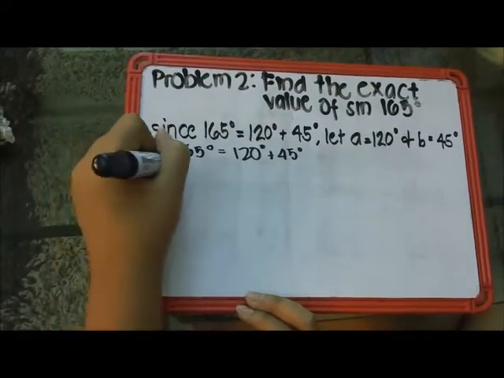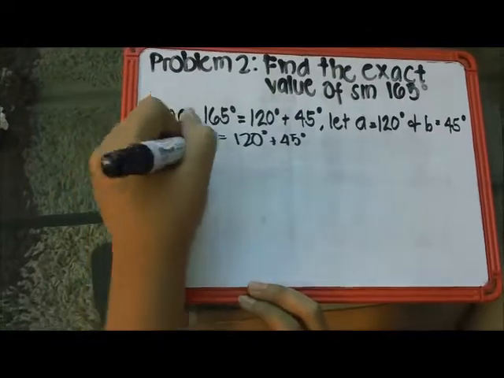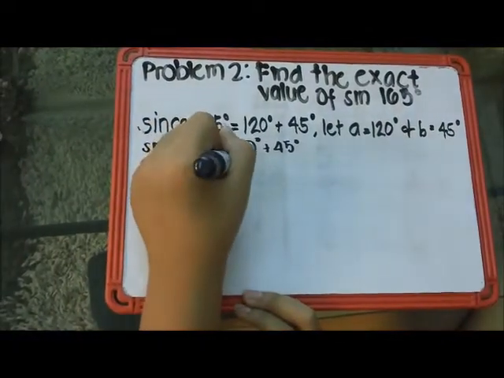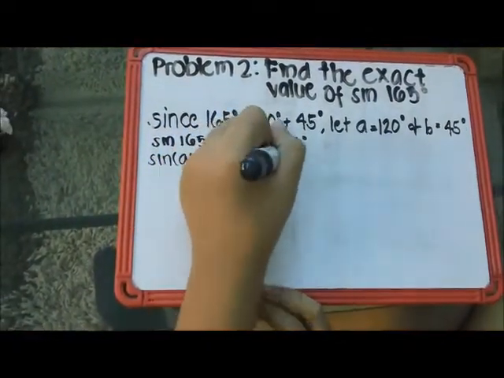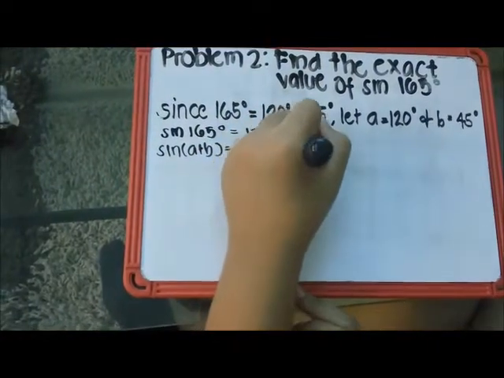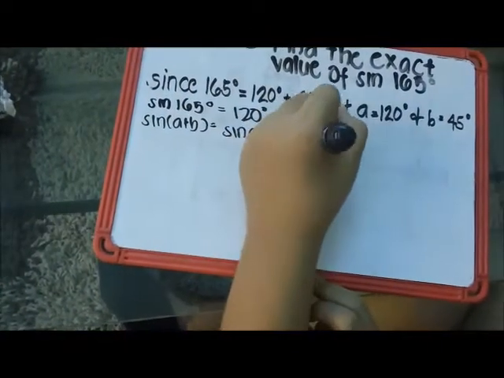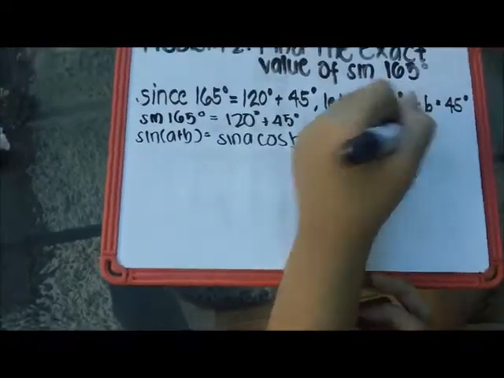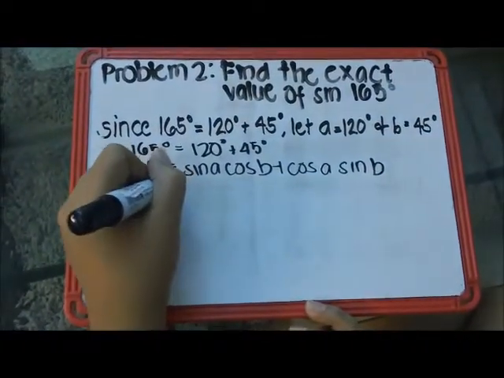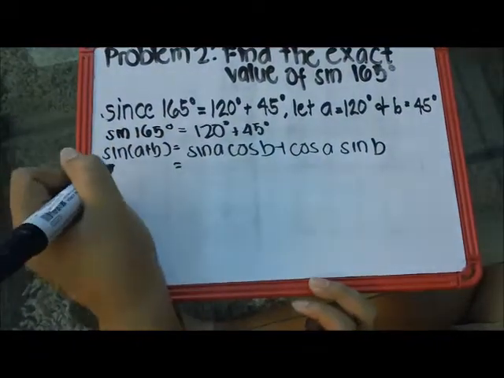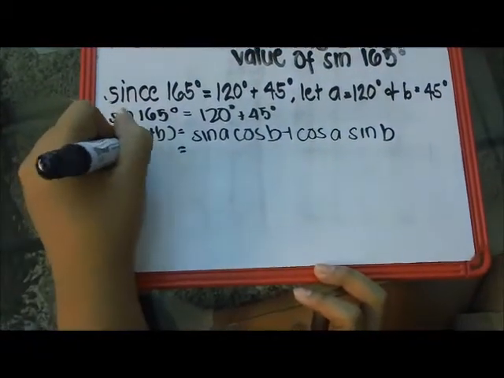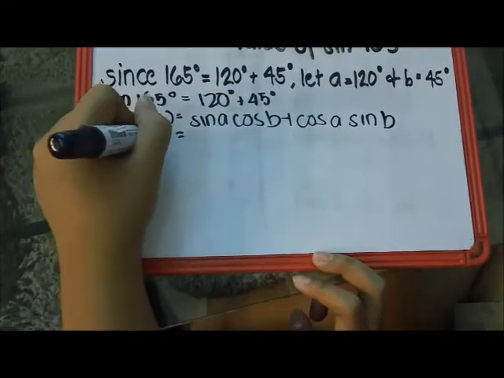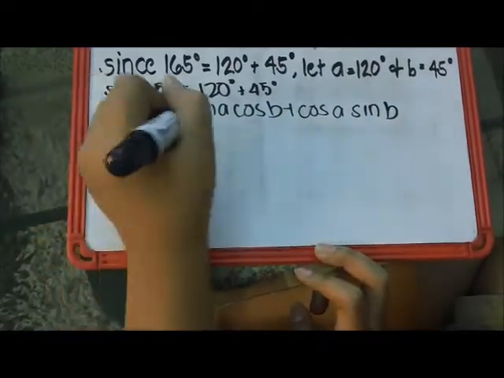We'll now put the general formula for the sum identity for sine. So that will be sine A plus B is equal to sine A cosine B plus cosine A sine B. We'll now substitute the values that we had earlier.